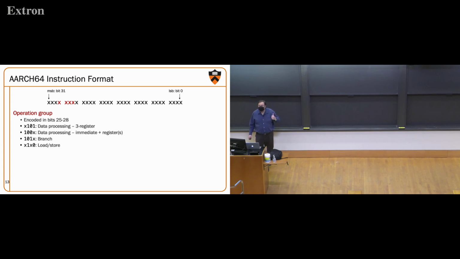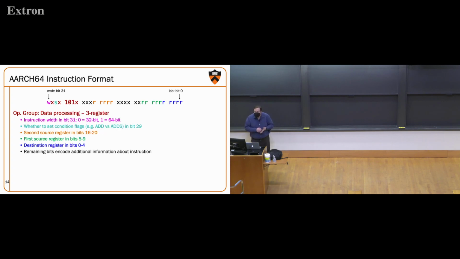When we talk about conditional branches, obviously you need to know which condition. Is it less than or equal to? Is it greater? Is it not equal to? So there are going to be some bits dedicated to encoding which condition you're worrying about. So we can start drilling in on each of these categories of formats.